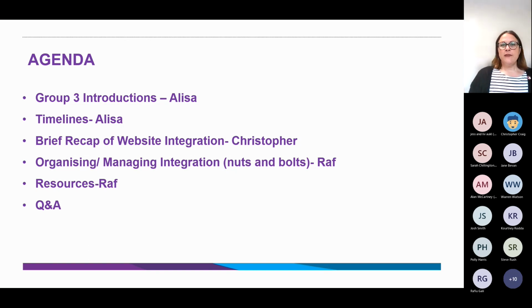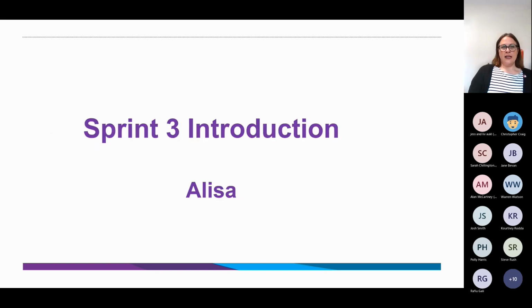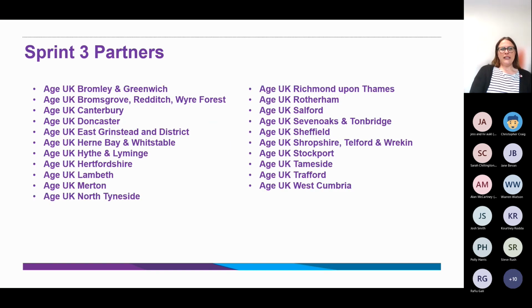So just moving into the introductions. There are 21 partners, and I've listed them here for you so that you can see who else is in this sprint with you. In case you want to talk to each other, that's 100% acceptable. This isn't an isolation exercise, so it is great if partners can help each other out.